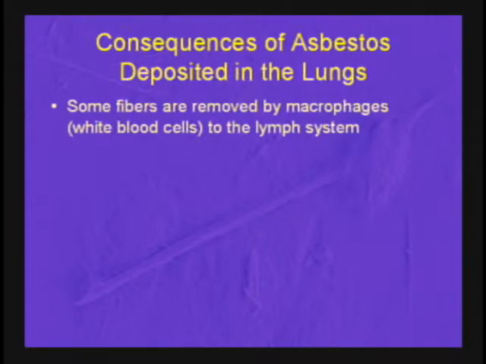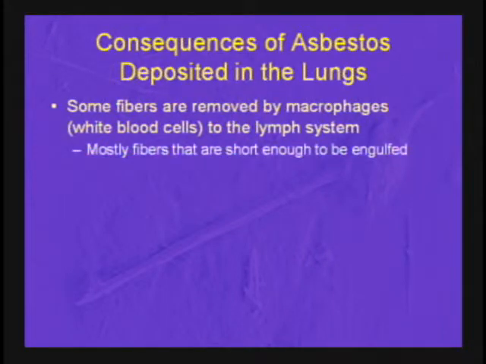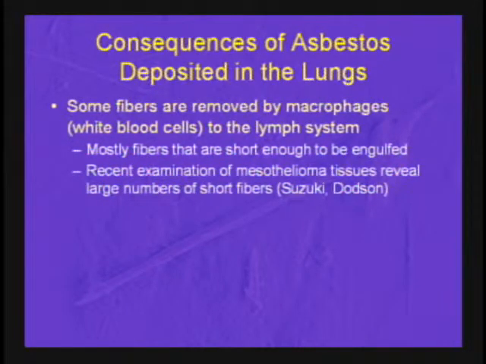The macrophages, the white blood cells, are mobilized. They come in and they carry the fibers to the lymph system. These are mostly short fibers because the white blood cells are about 5 microns in diameter. They're big enough to engulf them. Is that good news?